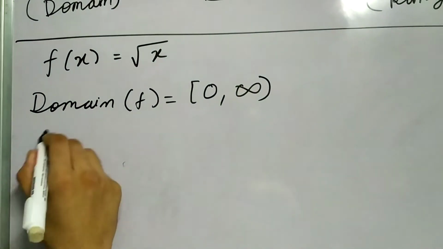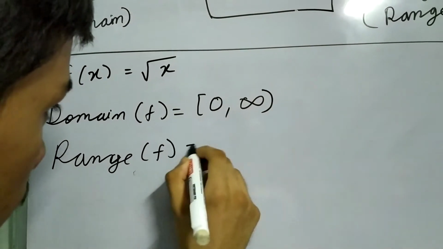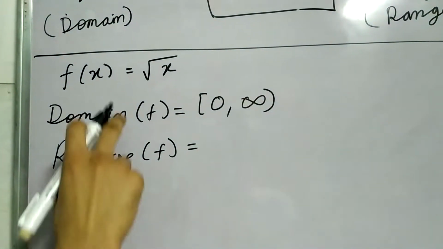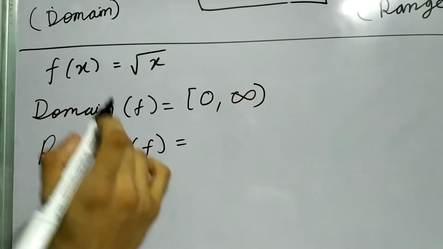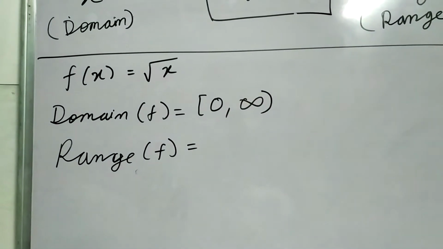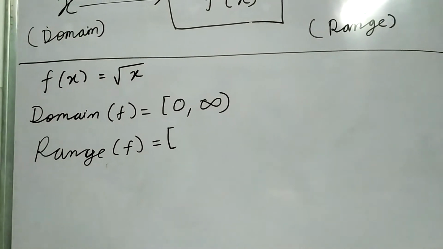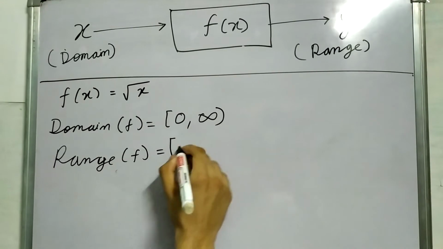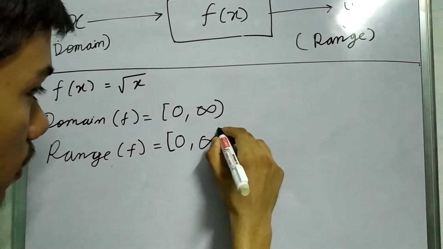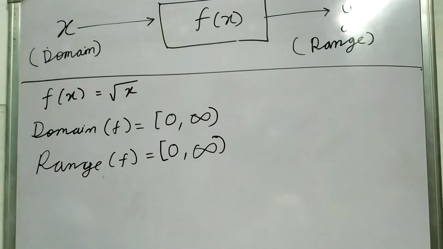And what is the range of our f? Well, another important thing about roots is that root of x will always give us a non-negative value, as I discussed in my previous video. Since it can't give a negative value, its range is also from 0 to infinity, 0 included.